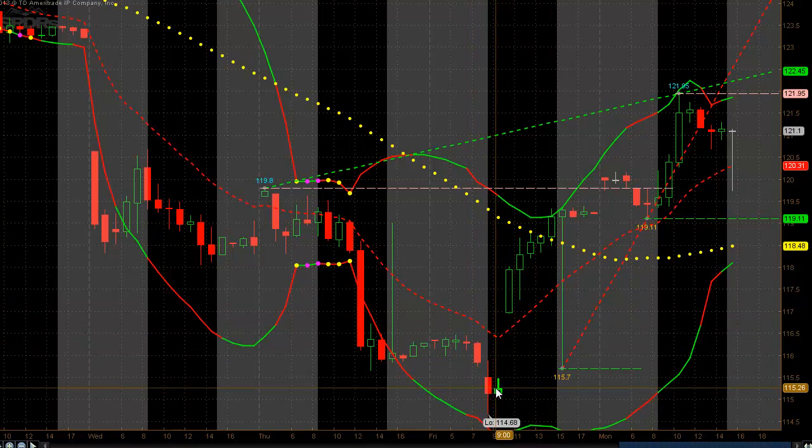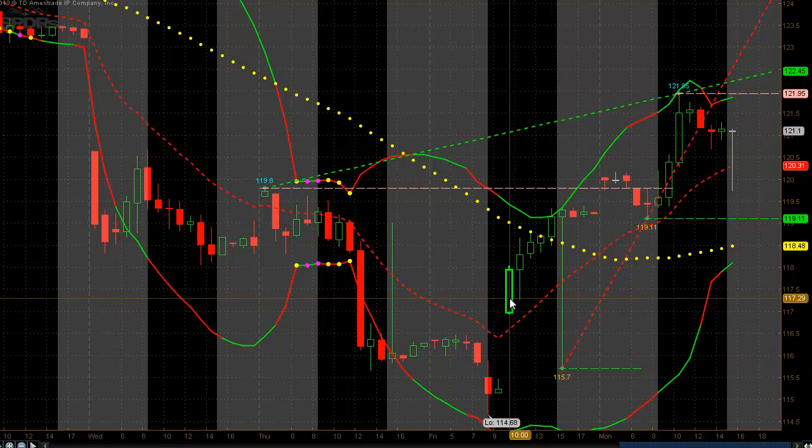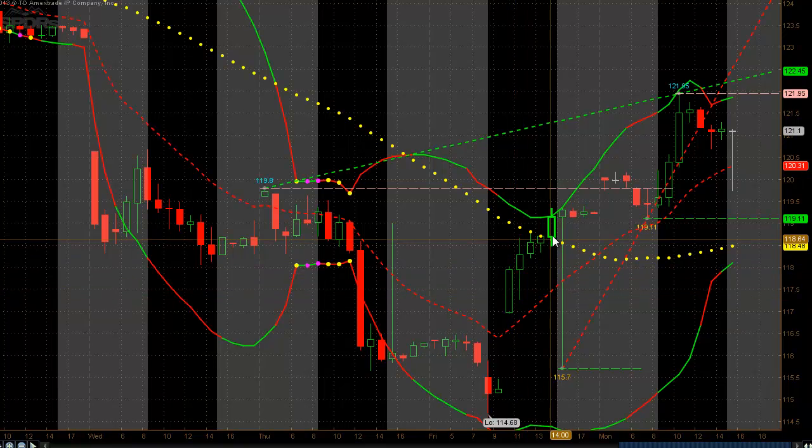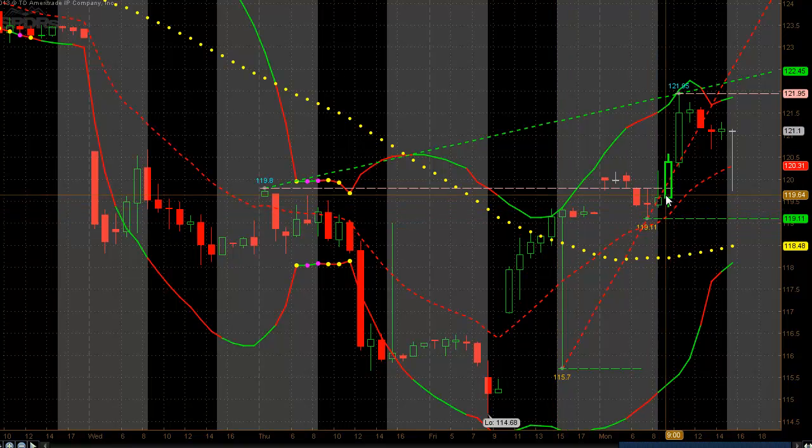So we had a break to the upside based on our system that happened a little after 9 o'clock Central. So you can see how it gapped up here, and this was on the 28th on Friday, and then it took off, and then today at about 9 Central we had another break to the upside.